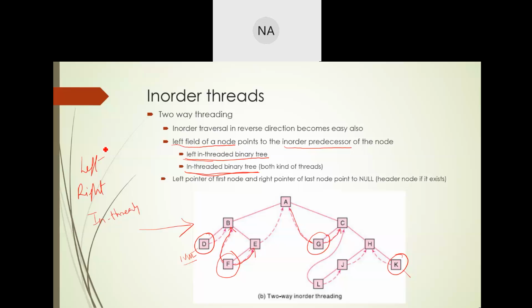If you are using only a left or right threaded binary tree, this is an example of one-way threading, and if you are using both left and right threading, this is an example of two-way threading.